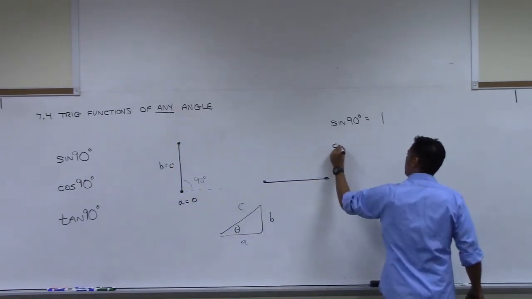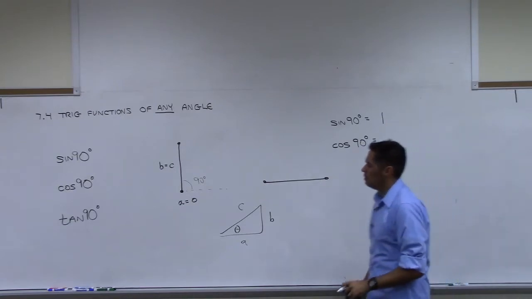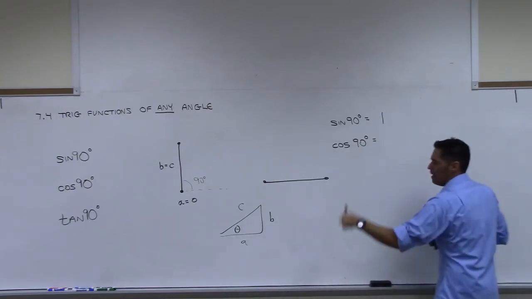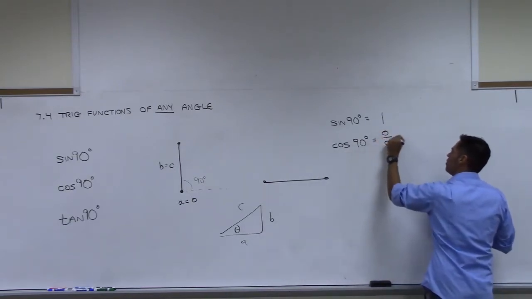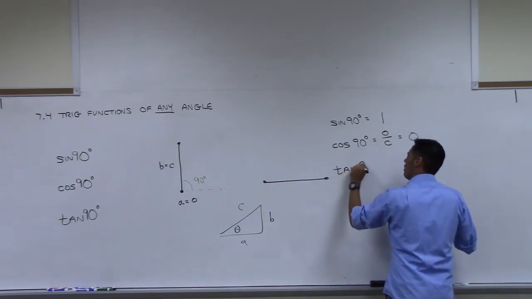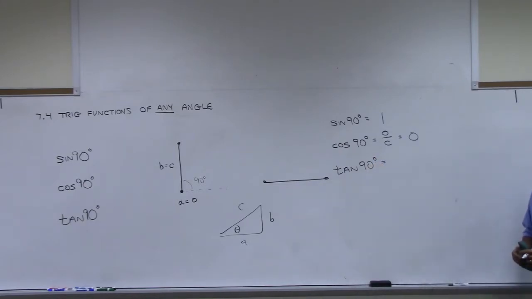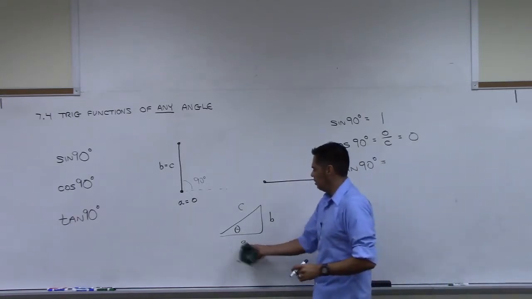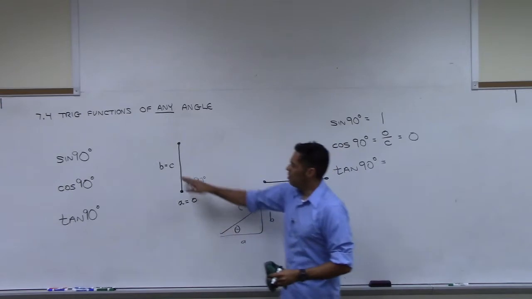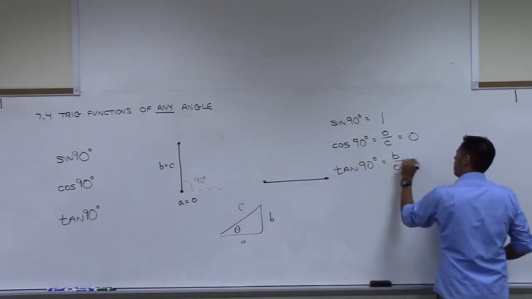What would cosine of 90 be? It'd be A over C, so 0 over C, which is 0. And then tangent of 90 would be undefined, because you're going to try and do B over A. So B over 0, undefined.